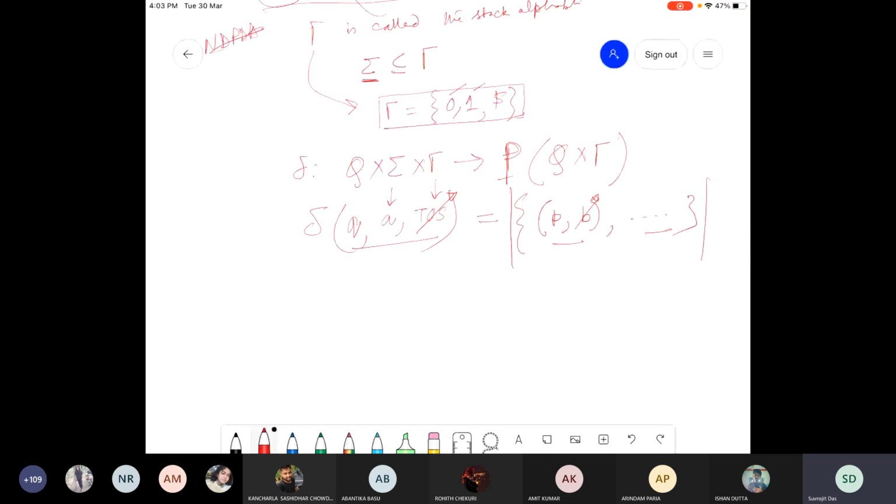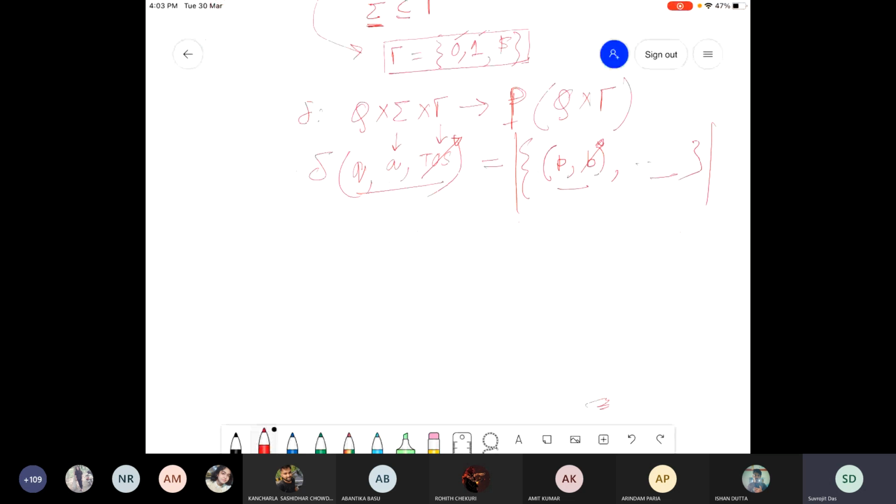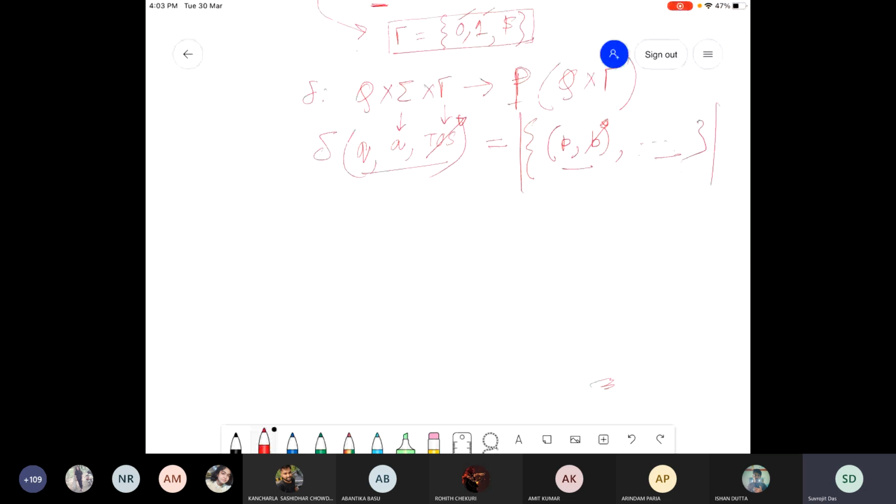Now this definition accompanies something that you should conceptualize: what are the stack operations. Let me write it down. Stack operations. What are the stack operations? The stack operations can be categorized into two categories. One is read and pop, read plus pop together, right? Or ignore.